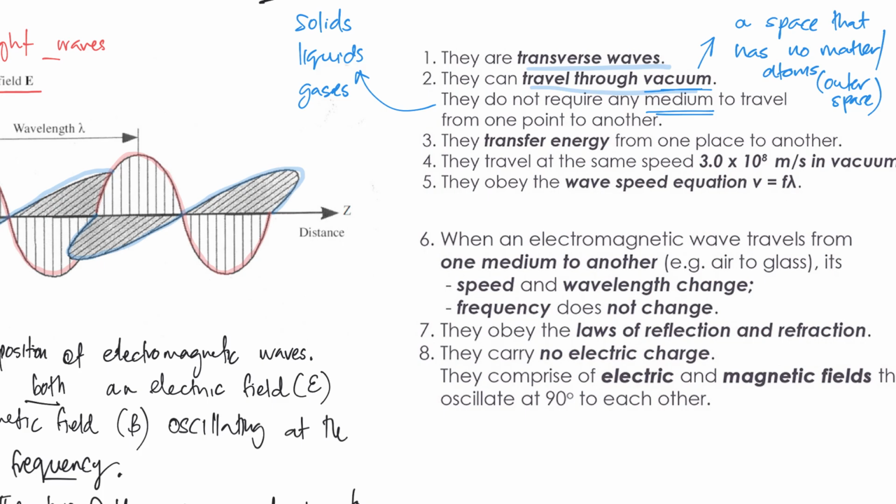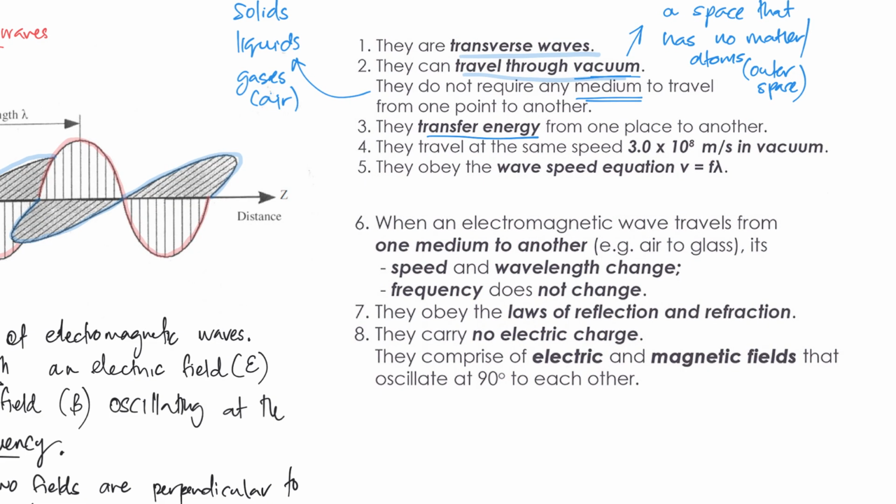Liquids is any type of water bodies, and gases is just normally air. Light doesn't need a medium, it can just go. It does transfer energy from one place to another. They travel at the same speed, which we spoke about now, which was 3 times 10 to the power of 8 meters per second. And they obey the wave speed equation.